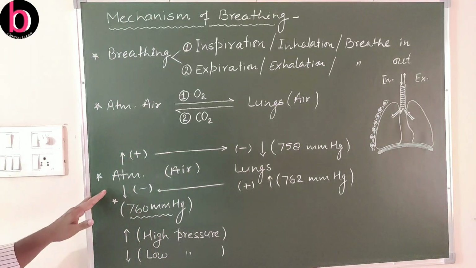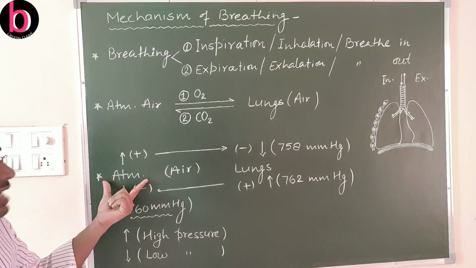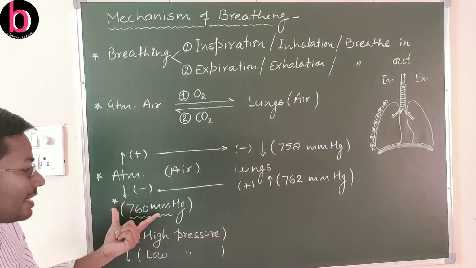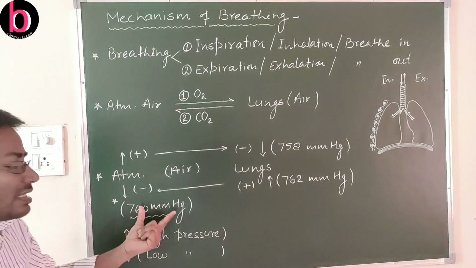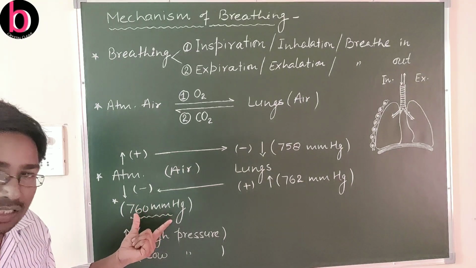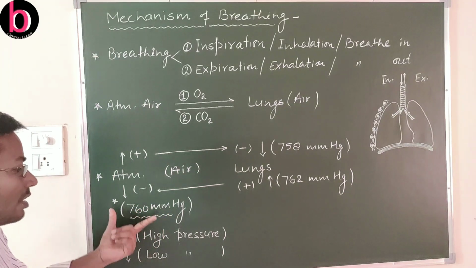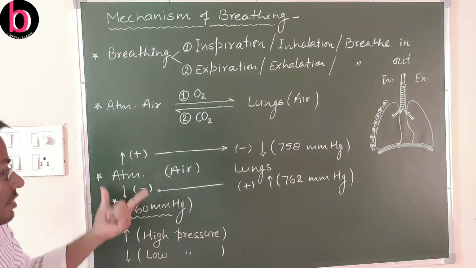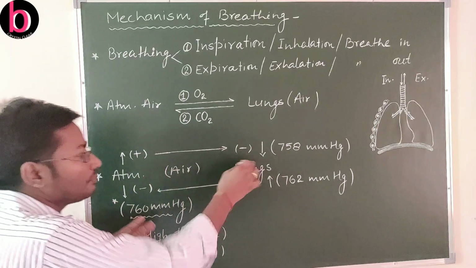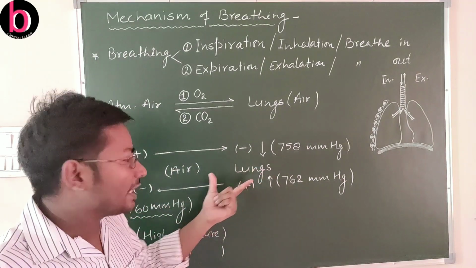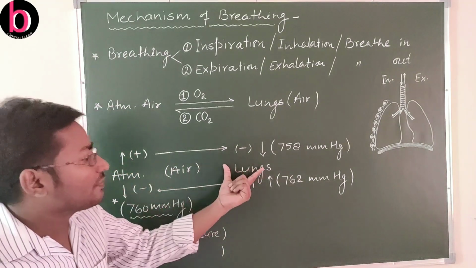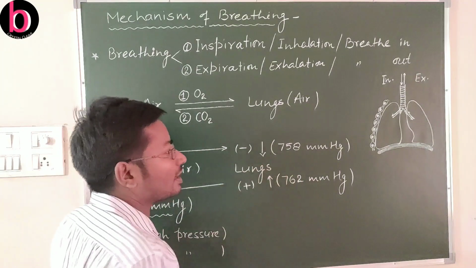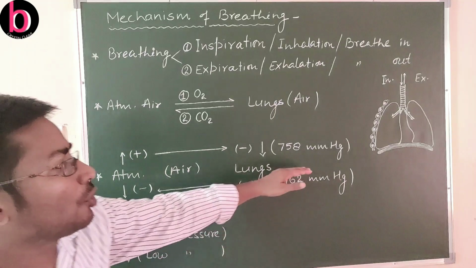Now by this explanation this will be very clear. Here this is atmospheric air, and if we find out the atmospheric pressure, this is 760 mm of Hg, 760 millimeter of mercury. Now if we compare lungs pressure with atmospheric pressure, here it is 750 mm of Hg.